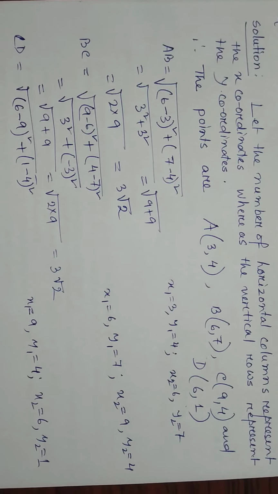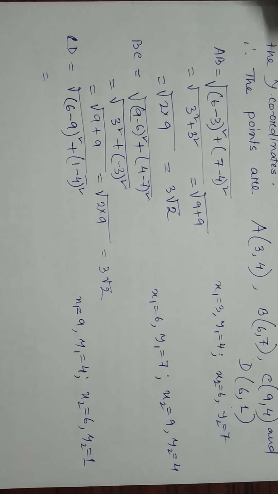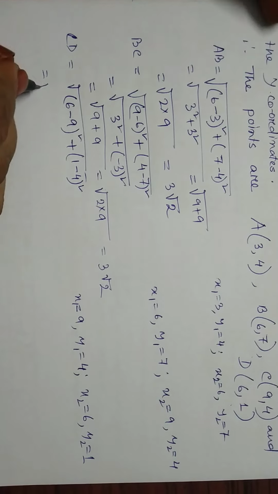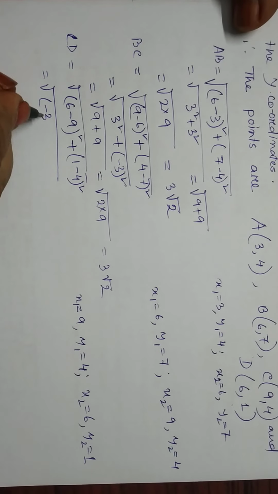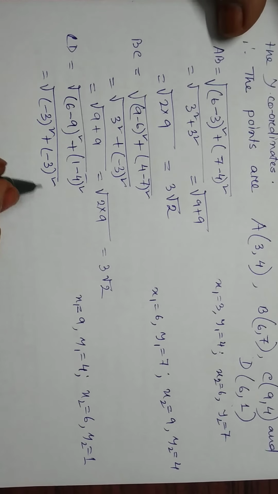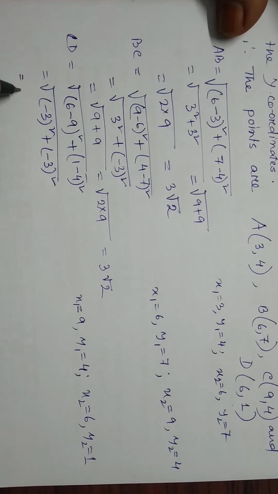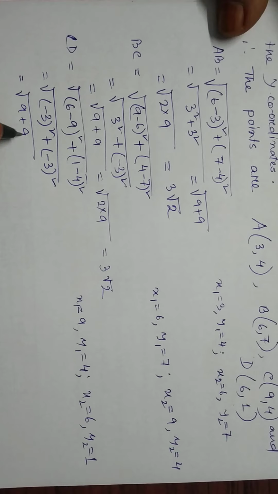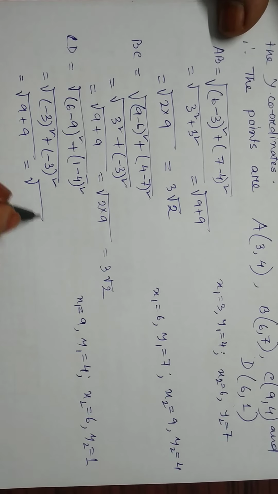This implies minus 3 whole square plus minus 3 whole square. That means root over 9 plus 9, root over 2 into 9, which is 3 root 2.